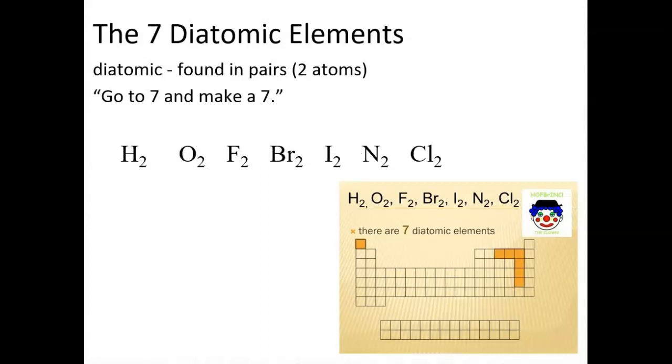Most of the diatomics do single bonds, like hydrogen, single bonded to a hydrogen. Fluorine is single bonded to a fluorine. And that gives them their octet for fluorine. Same thing with something like bromine.